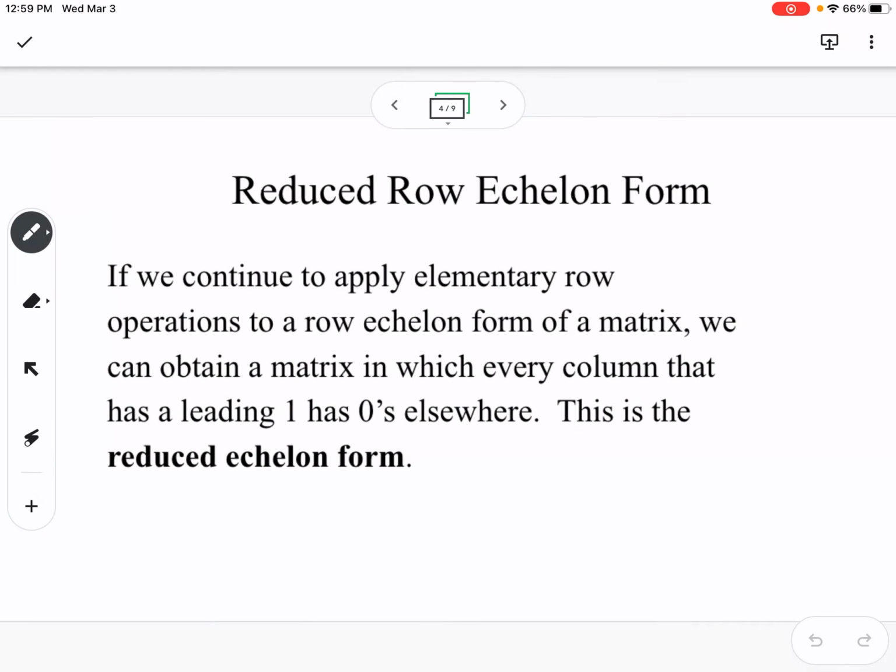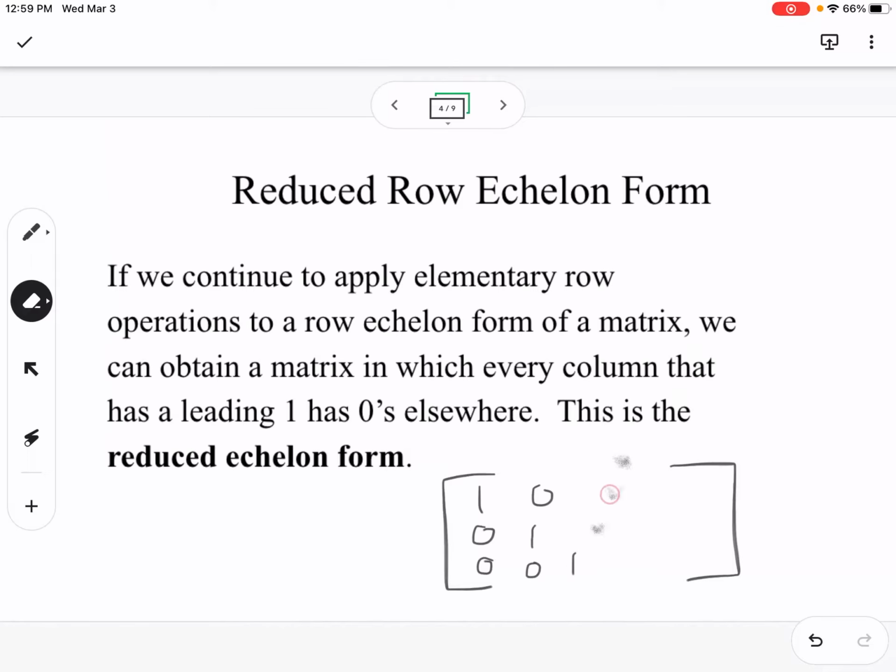Now, reduced row echelon form is what you're going to want to be able to find out what each variable is equal to. So you're still going to have the 1s along the diagonal, but you're also going to have zeros here.